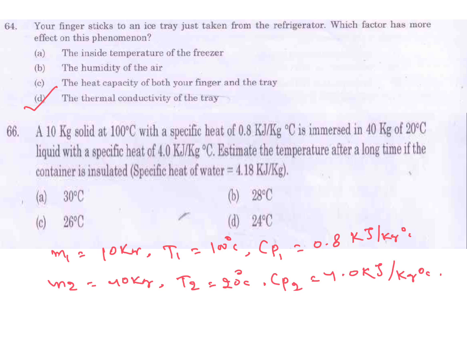Estimate the temperature, TF, they asked. So heat loss by the hot fluid is heat gain by the cold fluid. If you use this: M1 Cp1 (T1 minus TF) equals M2 Cp2 (TF minus T2).